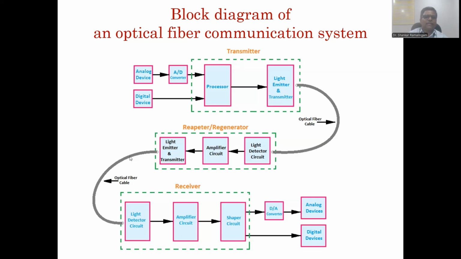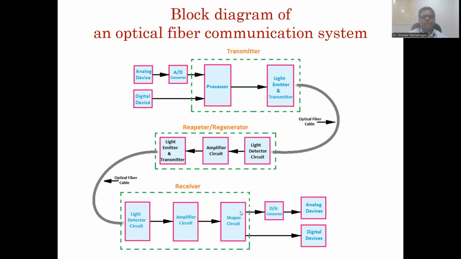So here again, this signal is going to be an optical signal carried by our optical fiber cable, and this signal, which is in optical form, is going to be converted into its equivalent analog or digital form by the receiver. So the reverse process that was done by our transmitter is going to be done here in the receiver. The light detector circuit detects the light present in the optical fiber cable, and it is going to give the input to the amplifier circuit, and this amplifier circuit is going to give the input to the shaper circuit.